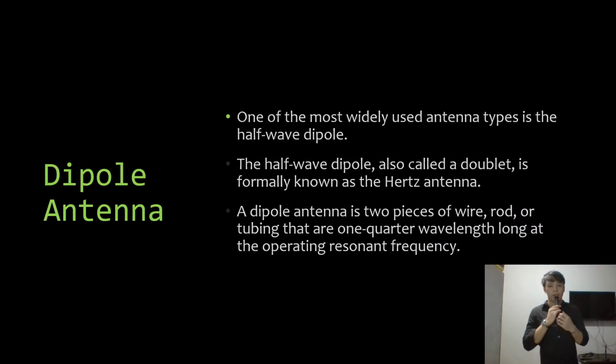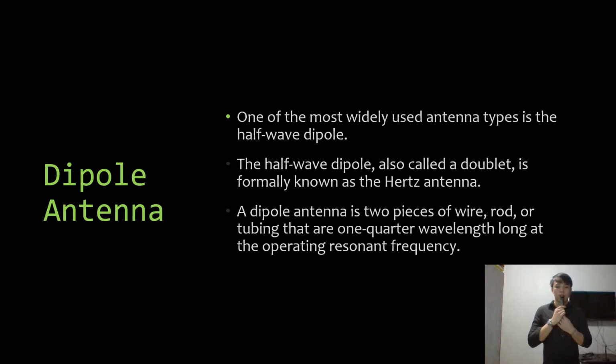Dipole antenna. It is one of the most widely used antenna types, the half-wave dipole. The half-wave dipole is also called a doublet. It is formally known as the Hertz antenna.